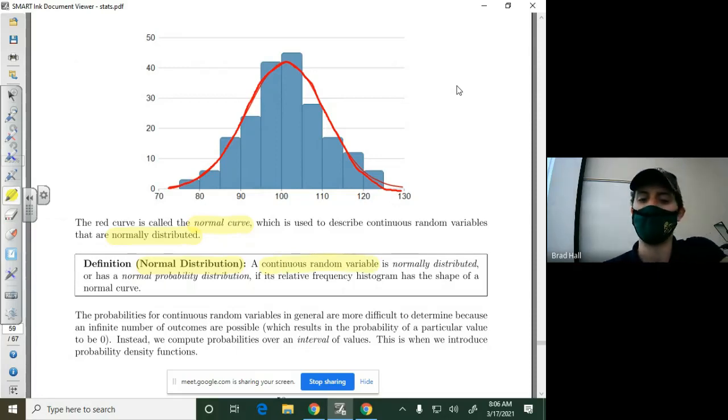We say a continuous random variable is normally distributed if its relative frequency histogram, just like that illustration right above, has the shape of a normal curve, exactly like the example immediately above it. So if it has a bell shape and it looks symmetric, that's another idea, it needs to look symmetric as well, then we would say that it's normally distributed.